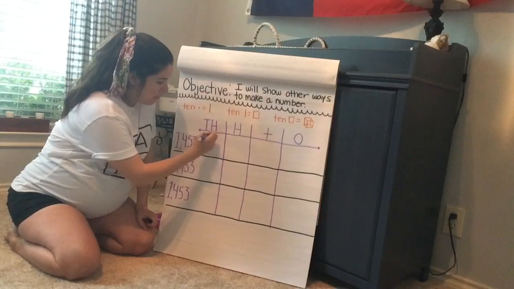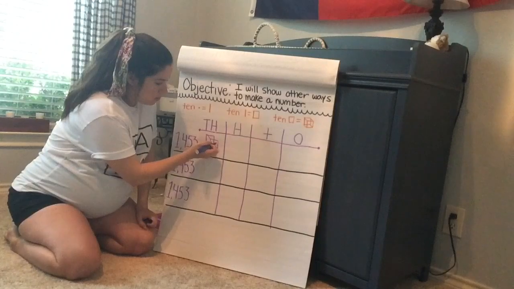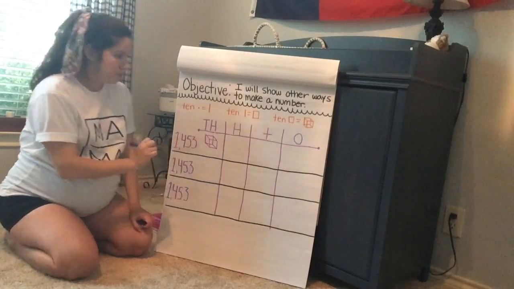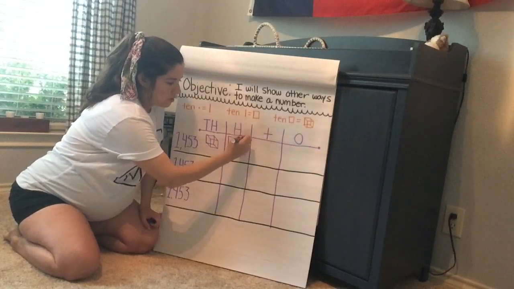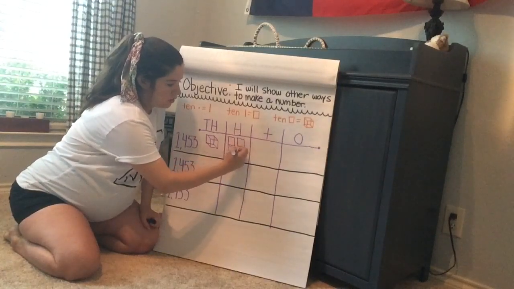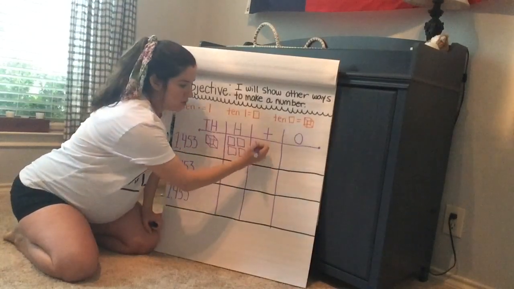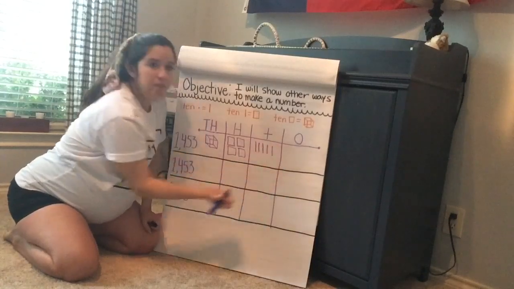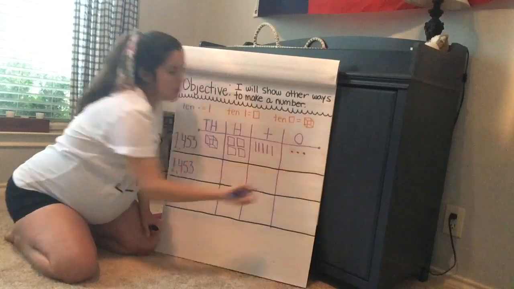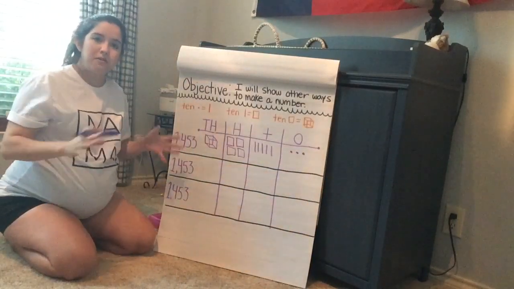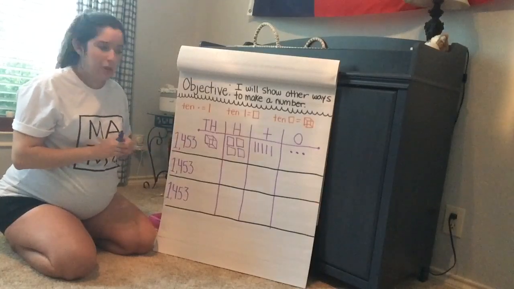So I'm going to have my 1,000, here's my 400, and then 50, 10, 20, 30, 40, 50, and then 3. 1, 2, 3. The first way I built this number is just really basic. Again, just the same way that you would probably model it if you were doing this.